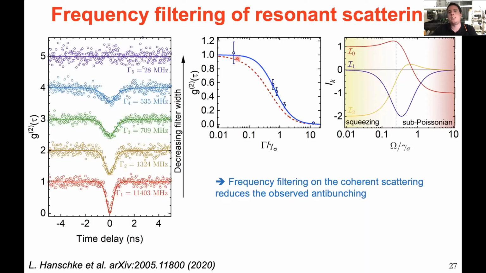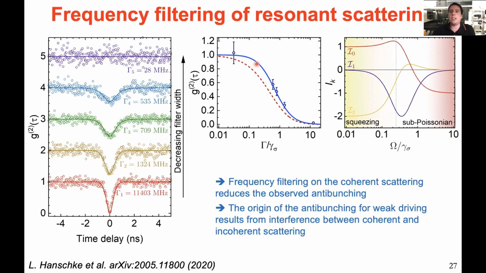However, when you coherently scatter light, the situation is different. And here you can analyze the interference of the coherently scattered and incoherently scattered part.